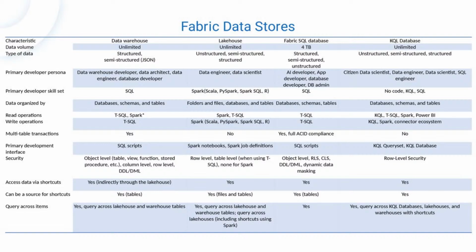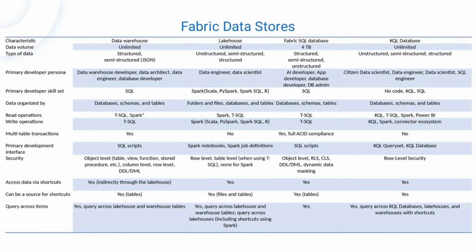The shortcuts. Let's look at the shortcuts. They are available in the warehouse, in the Lakehouse, in the Fabric SQL database, and in the KQL database up to some degree. So what I like to look at a lot as well is whether the information can be sourced from shortcuts.